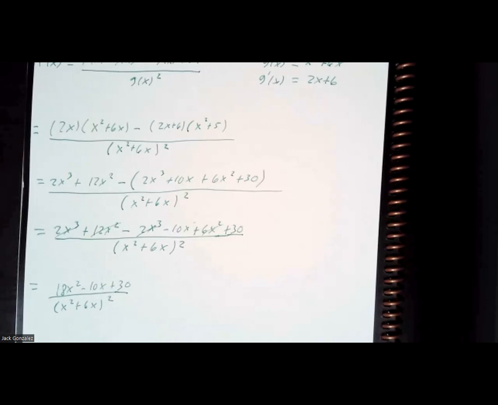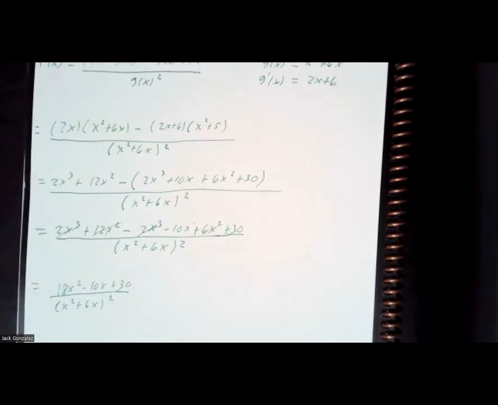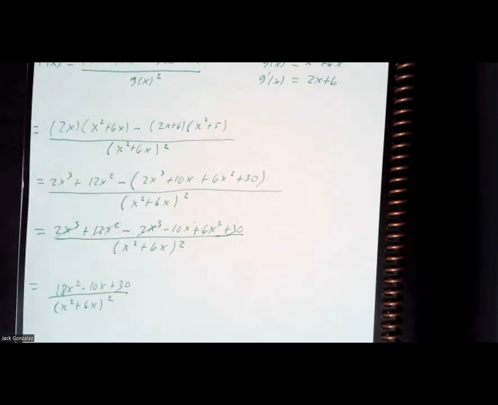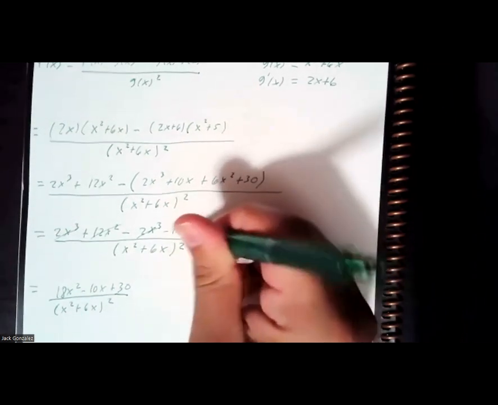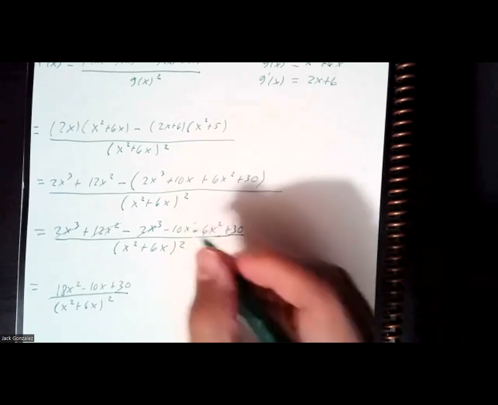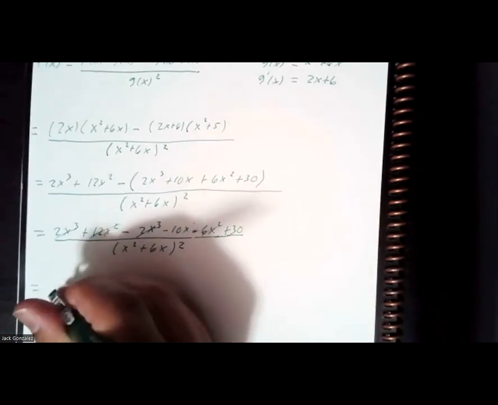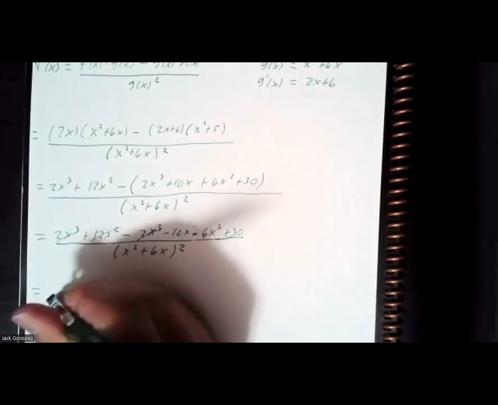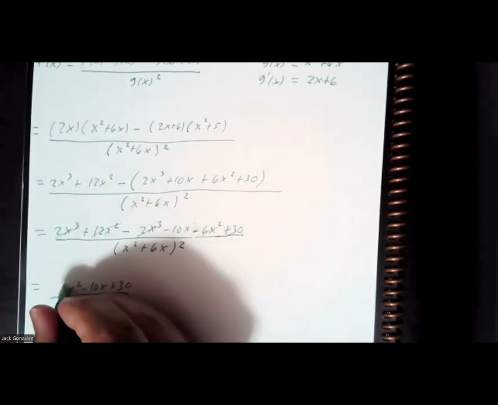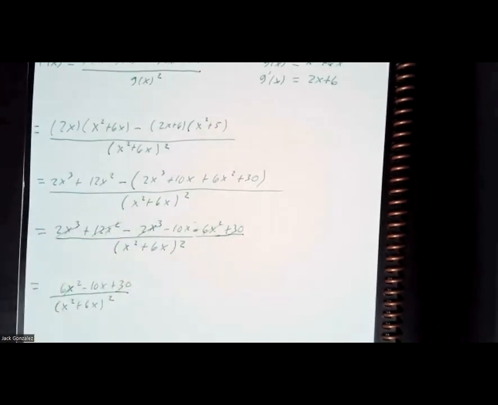Let's see. What are all your options? It should be minus. This should be 6. Man, I make a lot of mistakes today. Yep.